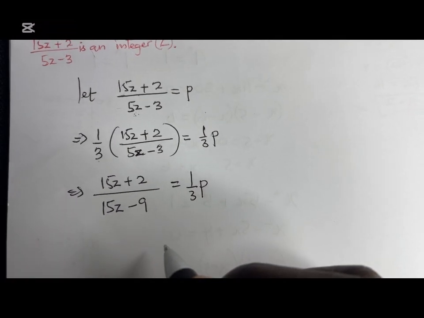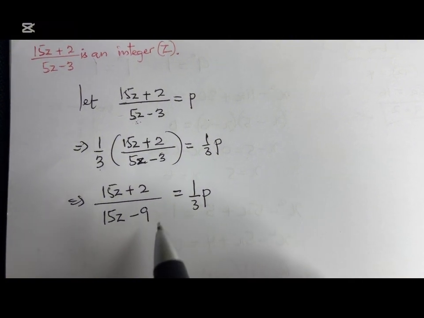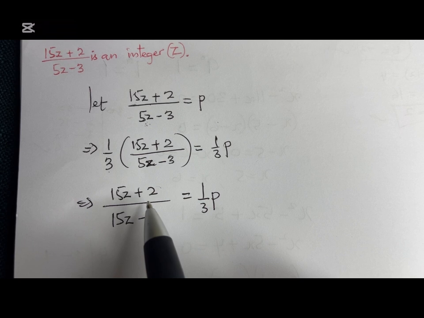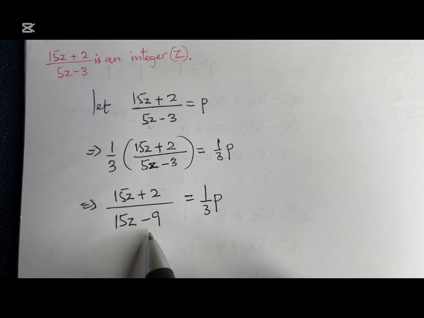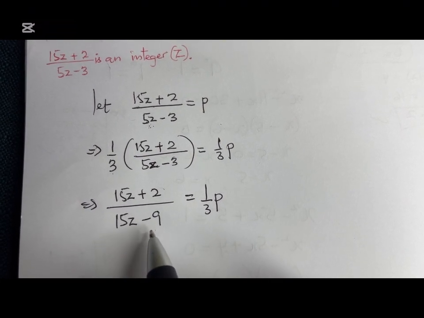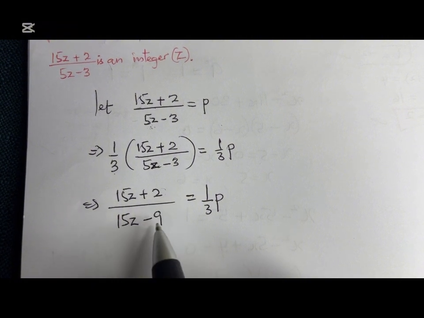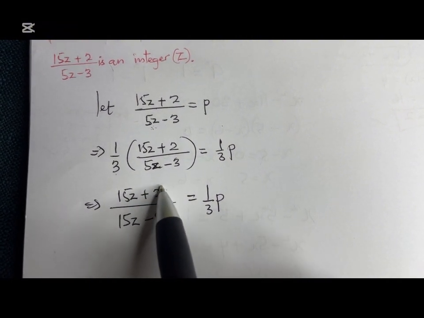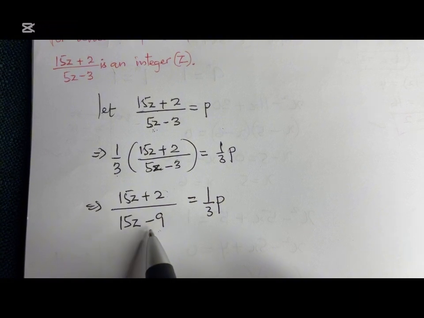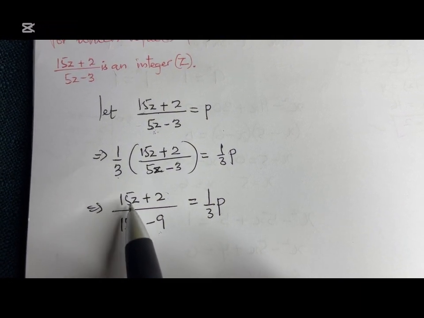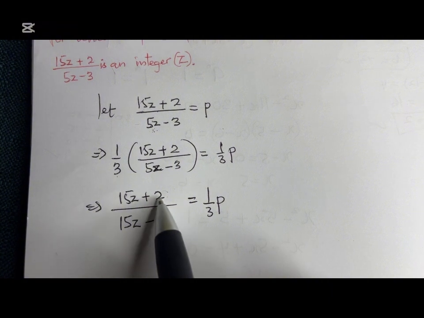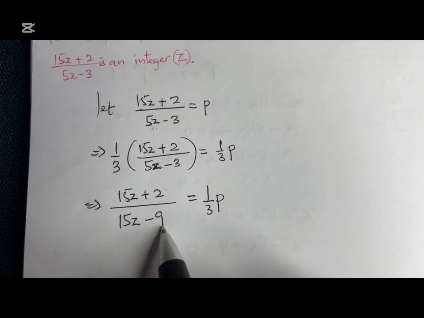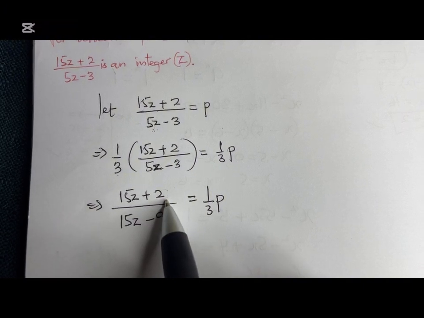Good. The next thing is we make the numerator the same as the denominator, since the denominator is the divisor. In order to easily divide, we try to make this the same as the denominator. Here you have 15z + 2, but the denominator is 15z minus 9.